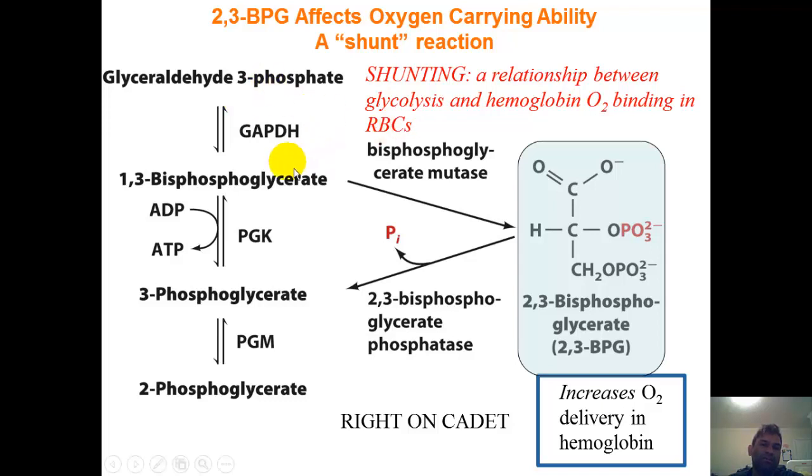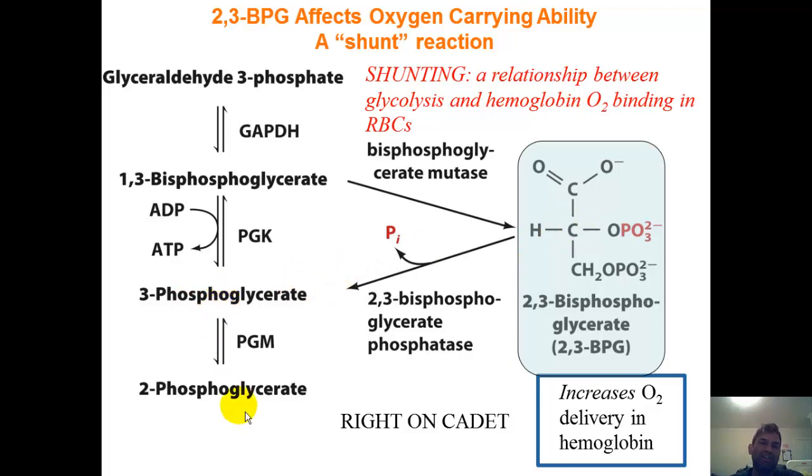Some of that 1,3-bisphosphoglycerate can be shunted off into 2,3-bisphosphoglycerate, which then binds hemoglobin and shifts the hemoglobin curve towards the more T conformation. Again, the T conformation is the oxygen delivery state of hemoglobin. But you can also take this enzyme and have it shunt back into 3-phosphoglycerate and then continue glycolysis here.